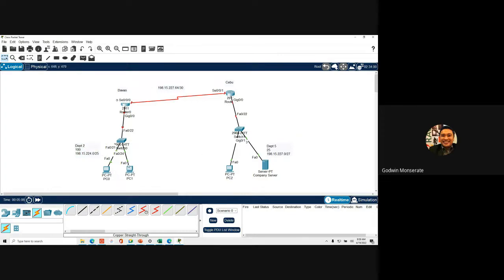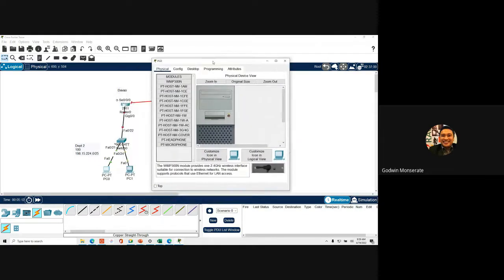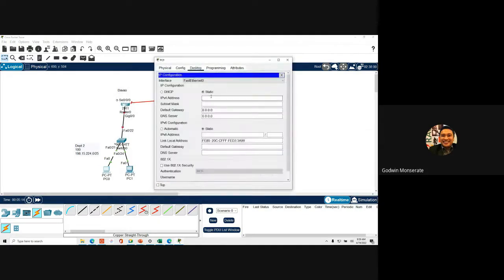Now we have the network IP address for this network and for this network here. So we are going to apply IP addressing first. Here, the IP address will be 198.152.224.0. Then the subnet mask will be /25, so meaning 128. Is it correct?